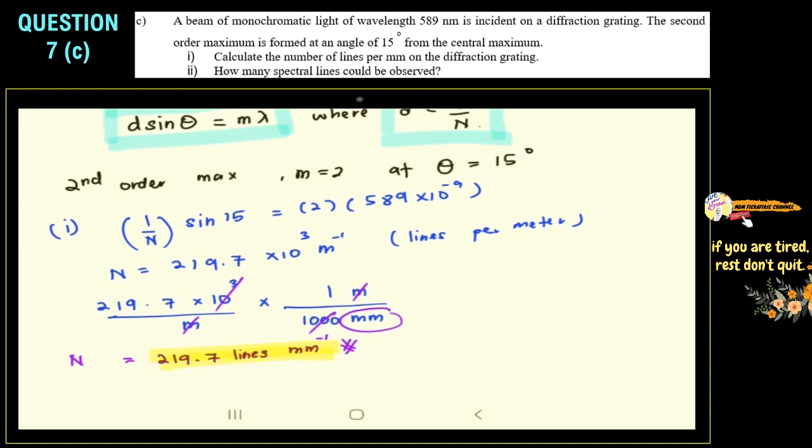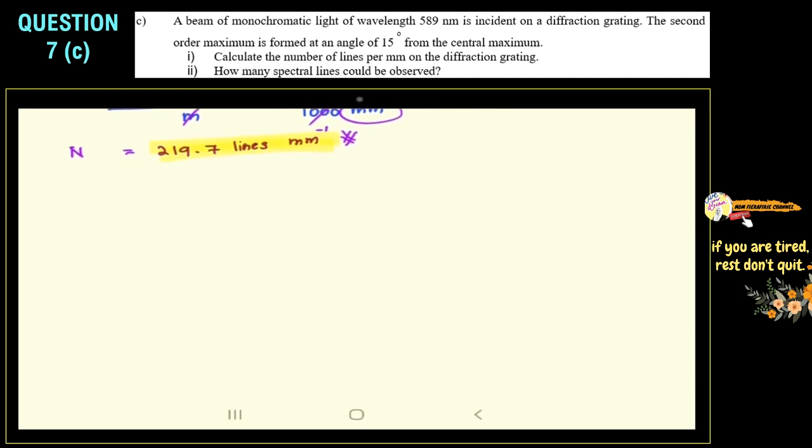And 7C2, how many spectral lines could be observed on the screen? Maknanya berapa banyak lines ataupun bright fringes that we can observe on the screen. Okay, so 7C2.